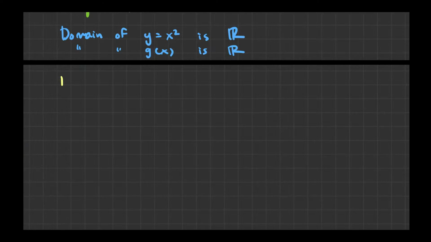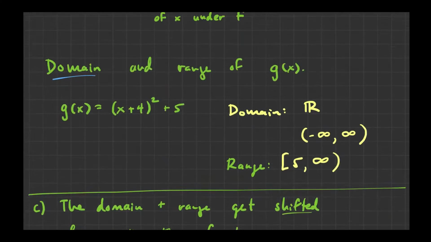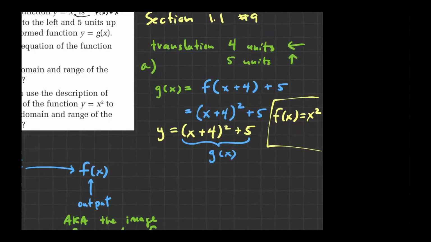And then the range of y equals x squared is, well, I include 0 and I go all the way up to infinity. And the range of g of x is that shifted up by 5, right? Because I move up by 5. So this is going to pertain to the domain, and this is going to pertain to the range, because the range is all the y values that I use, the up and down values.